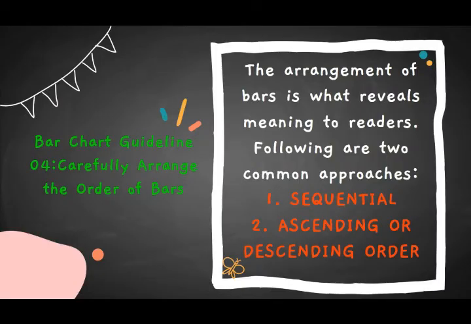We have the last guideline for bar chart, carefully arrange the order of bars. The arrangement of bars is what reveals meaning to readers, and there are 2 common approaches. First is sequential. When we say sequential, it is used when the progress of the bars shows a trend, while ascending or descending order is used when you want to make a point by the rising or falling of the bars.